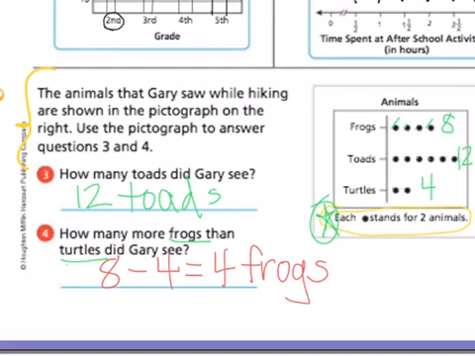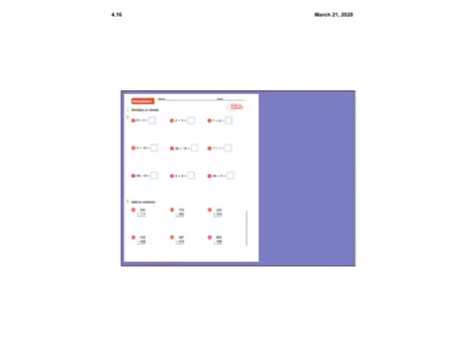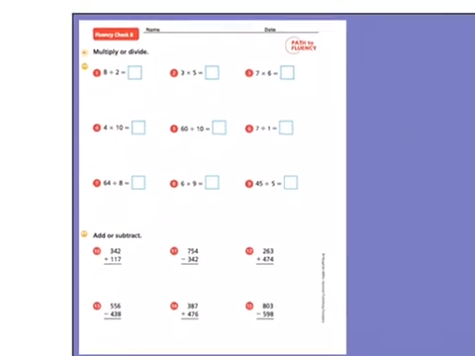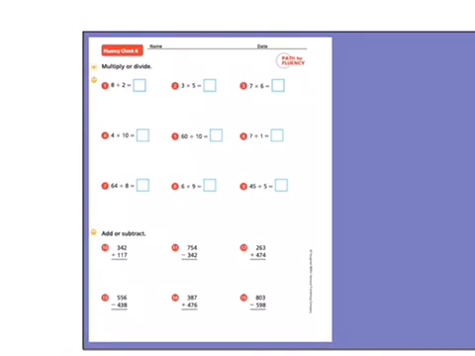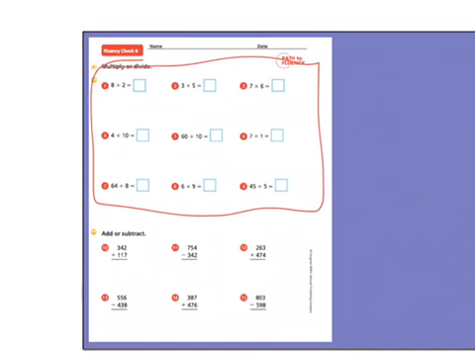Okay, on the next page, on this page, it's just some practice with multiplying and dividing at the top of the page. So I would like you to do, at the top of the page here, I want you to just do the odds, okay? And if you want to do them all, you may, but I'd like you to do the odds.